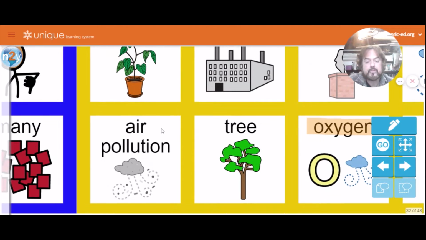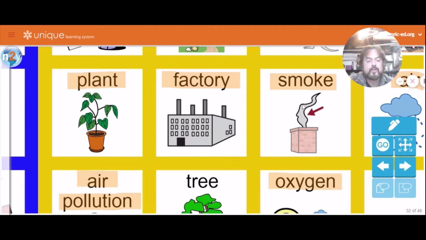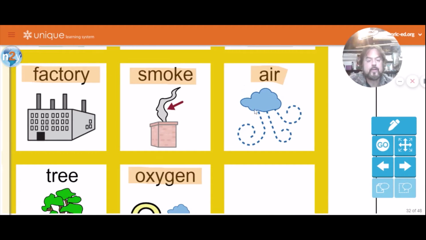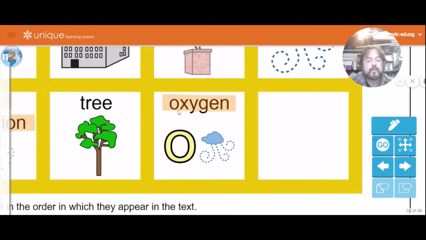Okay, air pollution. We were just talking about that. Air pollution happens when smoke from the factories gets into the air, makes it harder for us to breathe in the oxygen that we need.